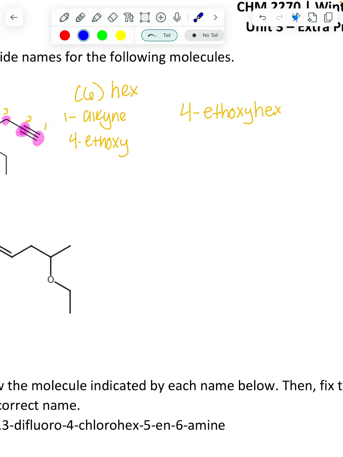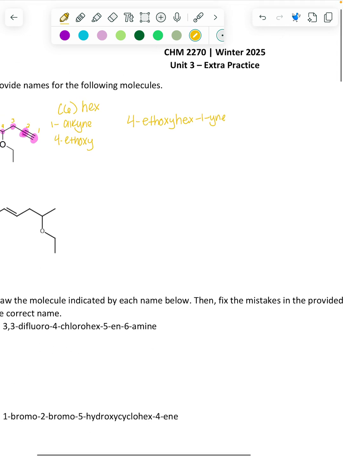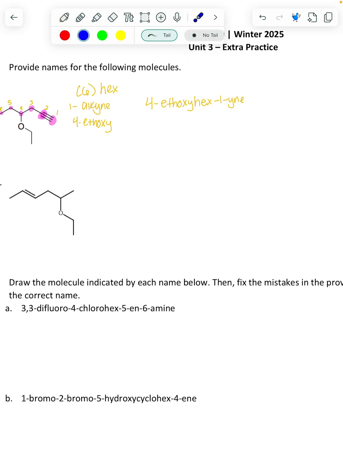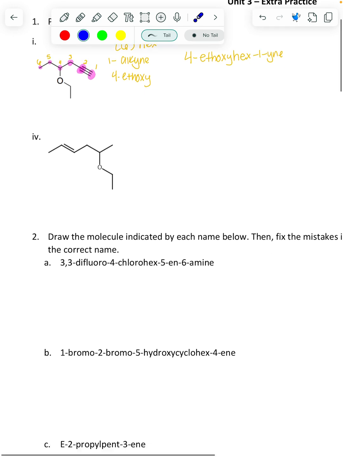In this example, technically, you could leave it off, but just for consistency, I'm going to label it 1-yne. Because if this bond wasn't on the first carbon, you'd have to identify which carbon it is on, just like how we know the ethoxy is on the 4th carbon of that carbon chain. And that's the name for this first problem.